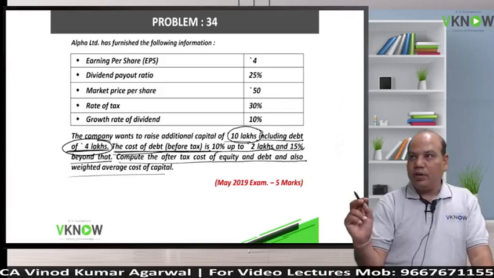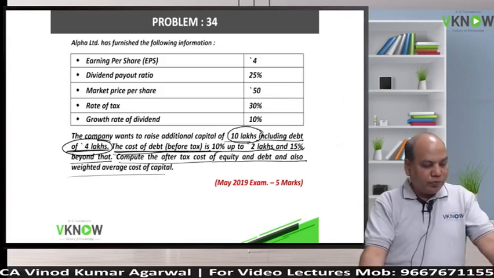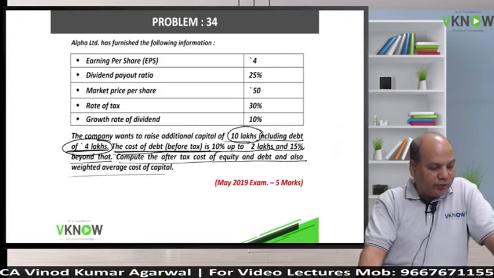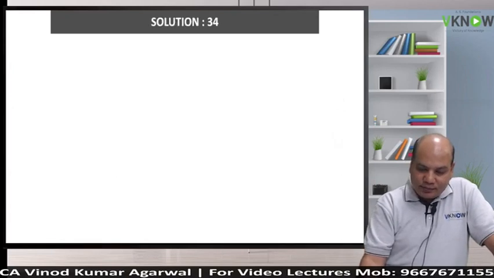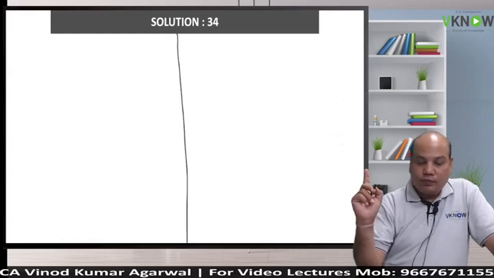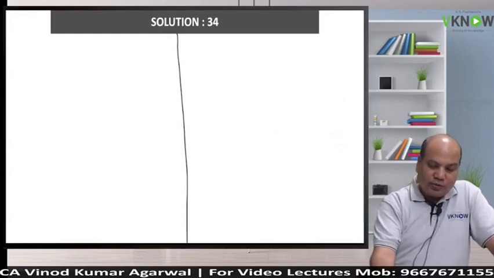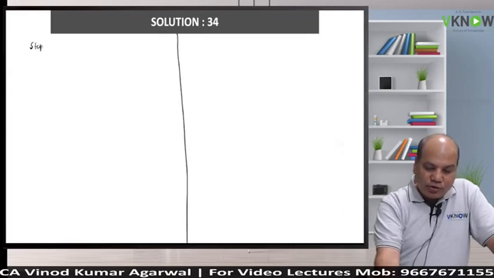First we will find out the cost of debt, then the cost of equity, then the weighted average cost of capital. This is an exam question for 5 marks, May 19 exam. It can be repeated for your exam also.